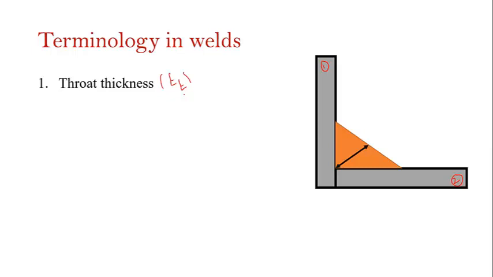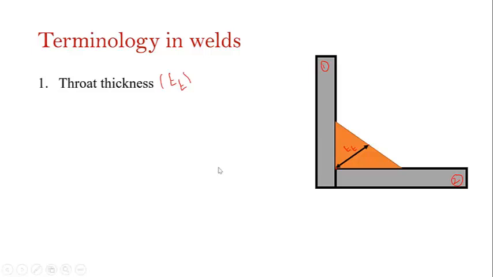Throat thickness is the thickness measured from the corner of the joint to the center of the triangle. So this distance is called throat thickness. The TT is measured from the corner of the joint to the center of the triangular portion.